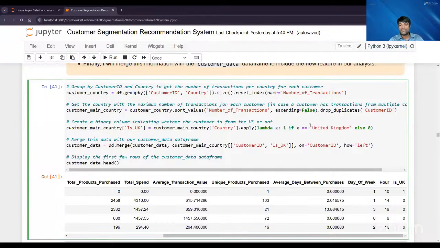Wherever you see zero, you can identify that person is not from the UK. Because most are from the UK, I've segregated into two parts: UK and non-UK. If the person is from the UK, it will be given one, and if not from the United Kingdom, it will give zero.